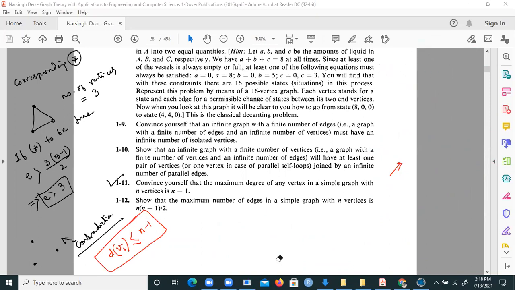We have already discussed this in the text section, but if I would like to write it once again, I will take the help of this 1.11.